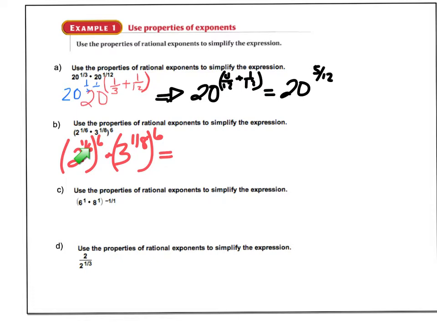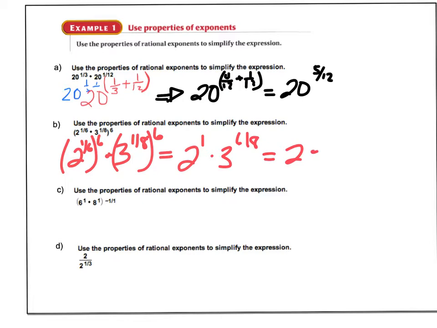So here I'm simply going to multiply 1/6 times 6, and that is 1. And then you're going to multiply 1/8 times 6, which is the same thing as 6/8. And I'll leave it like that. So it's 3 to the power of 6/8. And now because you can reduce 6/8, you always should. And so you're left with 2 to the power of 1.